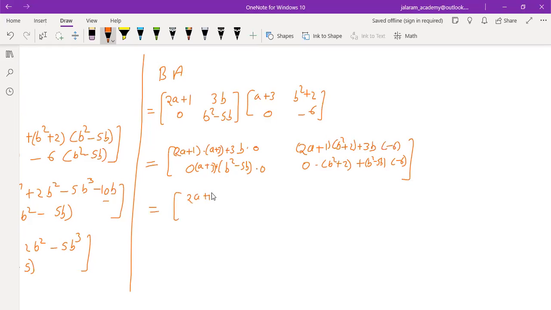So it is again giving 2A plus 1 into A plus 3 plus 0. Then minus 18B. So it is not giving anything which can be simplified.